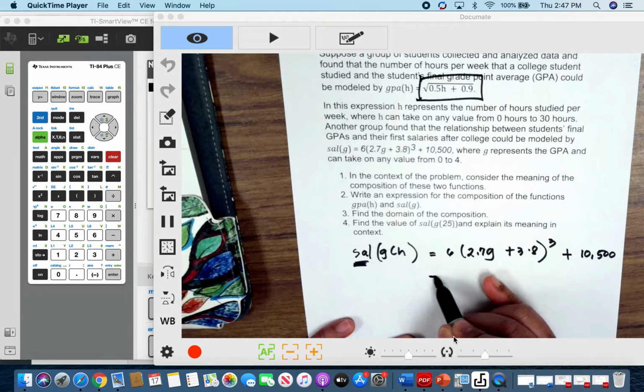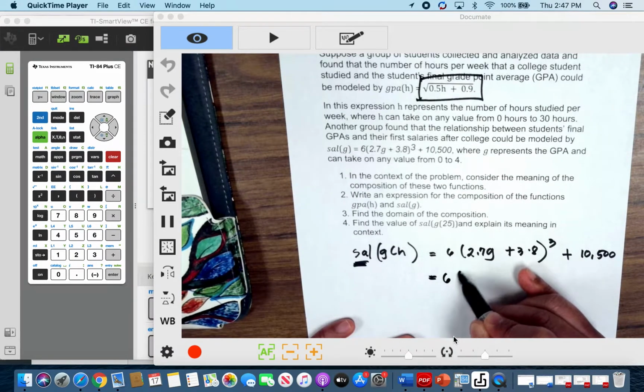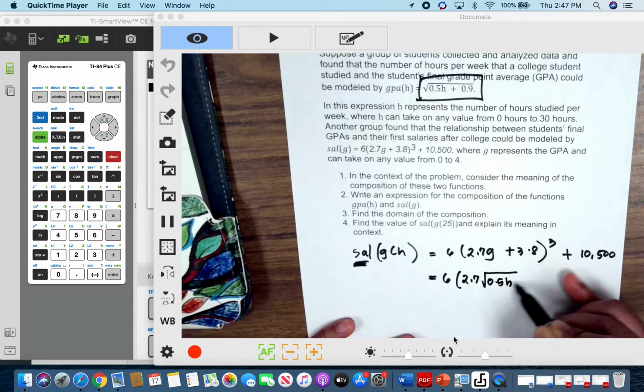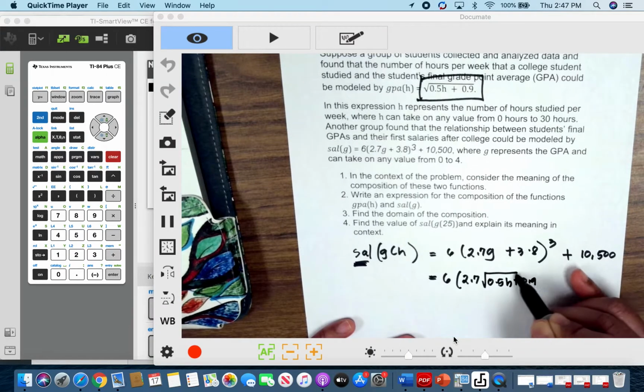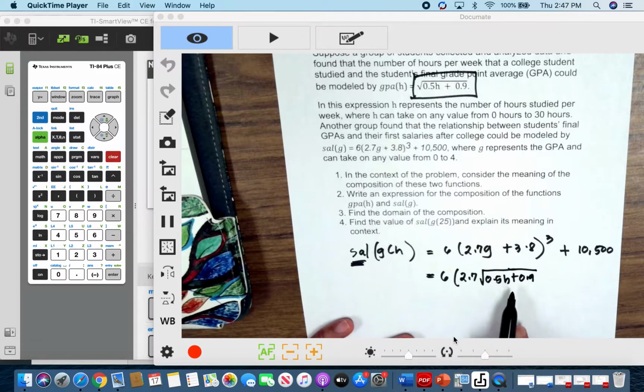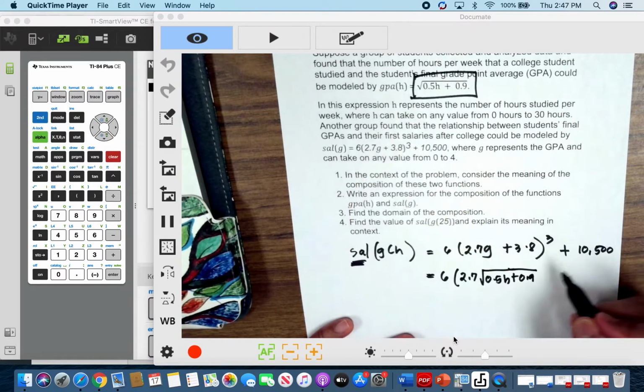So therefore, this now becomes 6 times (2.7 times the square root of 0.5h plus 0.9, plus 3.8) raised to 3 plus 10,500. So this is now with respect to the number of hours studied, instead of using the GPA.